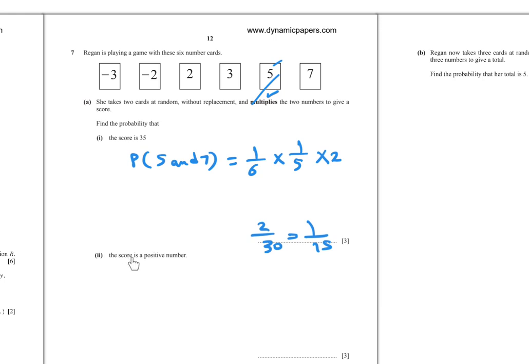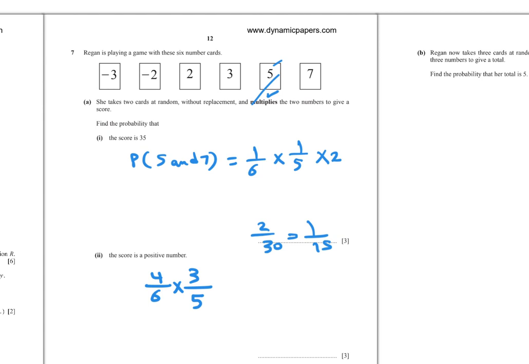Part ii, the score is a positive number. The score will be positive if we have positive and positive, or negative and negative. So positive and positive, we have 4 positive numbers. So if we choose 2 positive, the first one 4 out of 6, then the second 3 over 5.